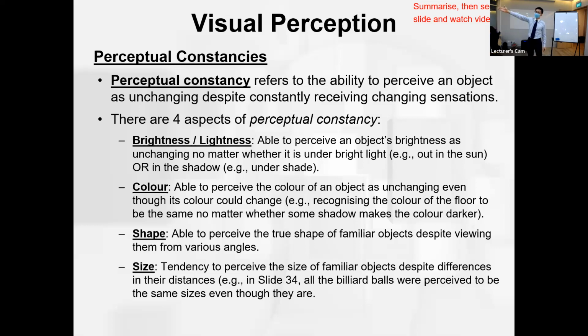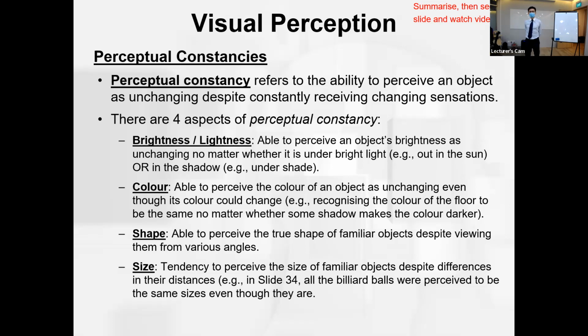And this is called visual perceptual constancies. Like, how come you are able to see brightness and lightness in a very consistent way?